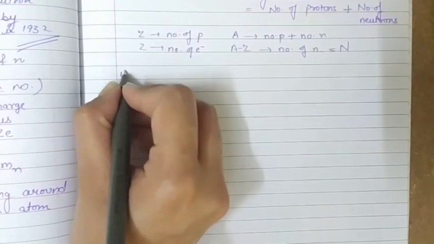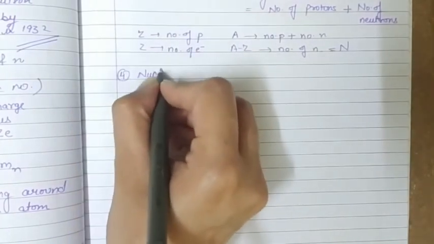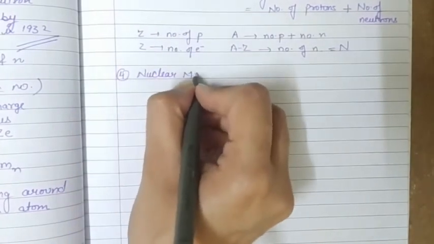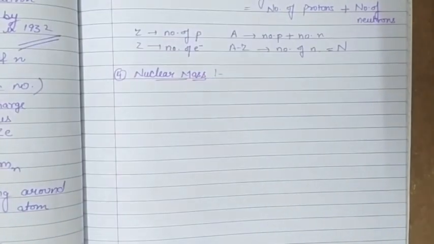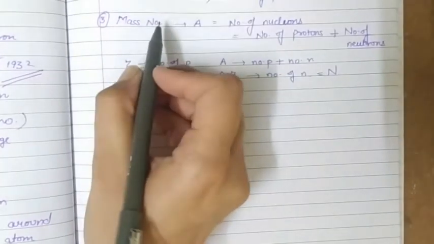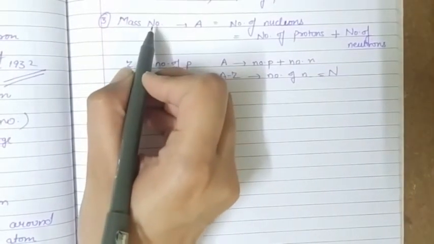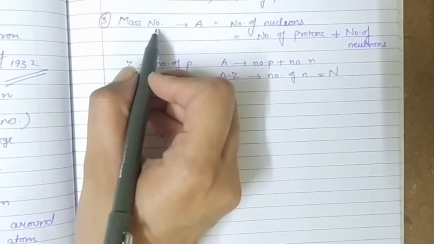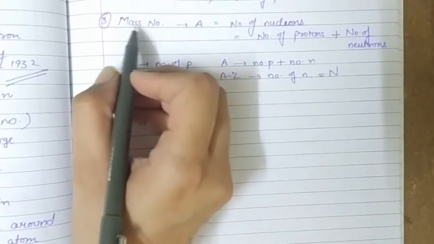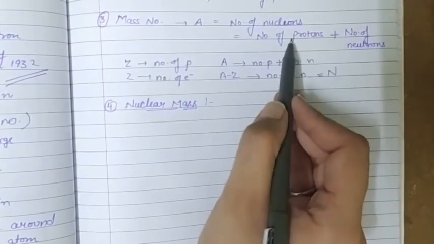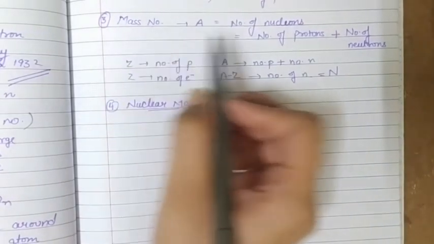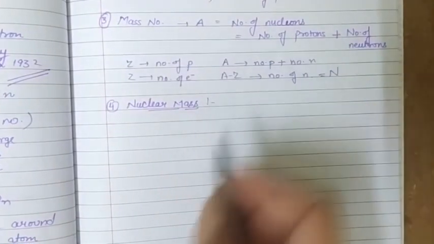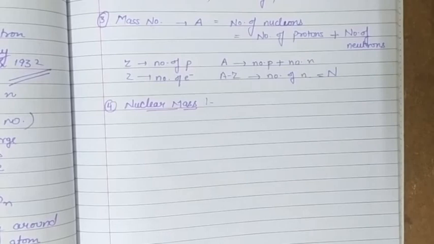Now let's see the next term, that is nuclear mass. Don't confuse the mass number and nuclear mass. Mass number is the number of those particles which are participating in the mass of that nucleus. That's why we call it mass number, because protons and neutrons are the particles which provide mass to that nucleus. So mass number is the number of protons plus number of neutrons. It is not any kind of mass, it is just a number.